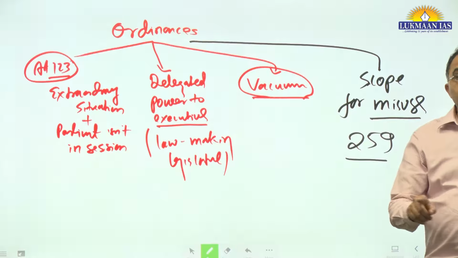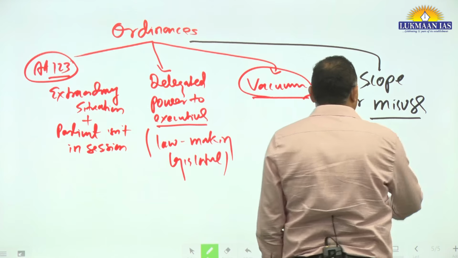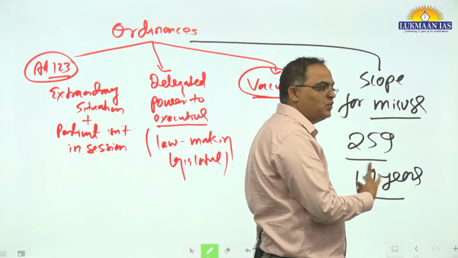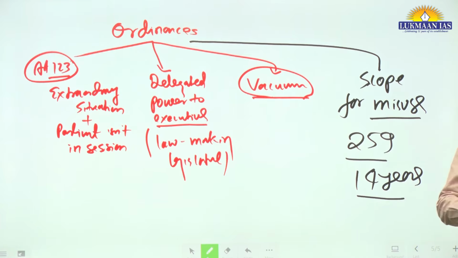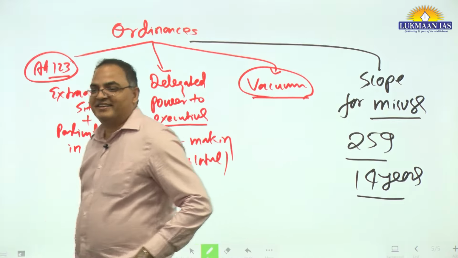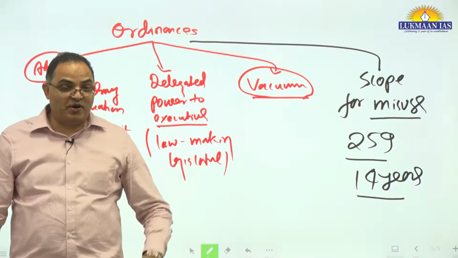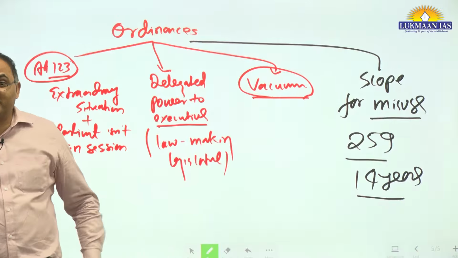Some ordinances were re-promulgated for 14 years. गिनीज बुक ऑफ वर्ल्ड रिकॉर्ड, ऐसा कुछ होता ही नहीं होगा. The Guinness book did not have this criteria because other countries don't have ordinances. And I say still Bihar remains Bihar, because with 259 ordinances for extraordinary situation, it should have become an extraordinary developed state.